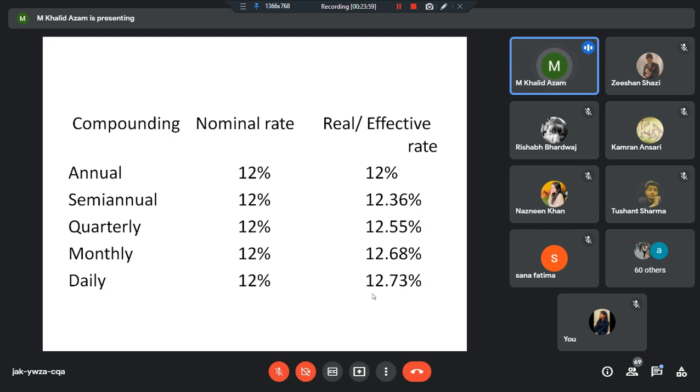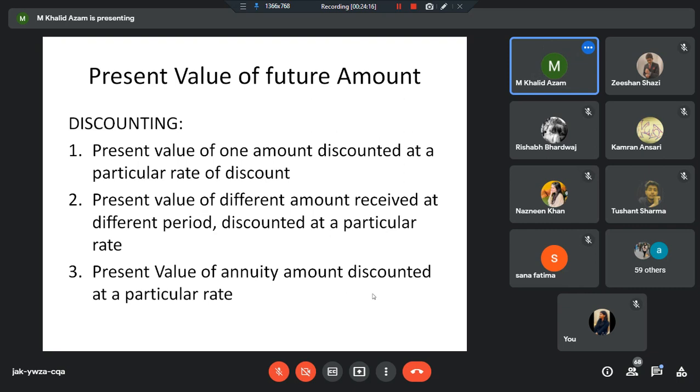So there are certain situations in which you will find, generally in case of banks, we are finding that okay, they are doing this compounding on a semi-annual basis. So the rate whatever they have promised, the actual return is more than that. So this is the part which is related with compounding.